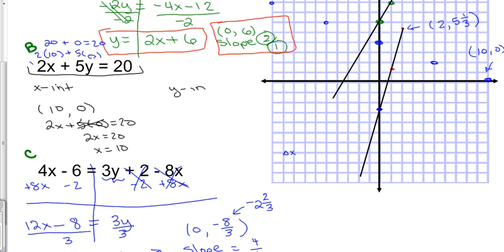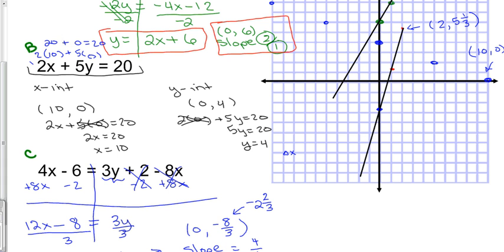My y-intercept, same idea, except this time I want to figure out what is y when x is 0. So I'm going to go to my equation again, put 0 in for x this time and solve to figure out what is y. When I put 0 in for x, that product becomes 0, and it leaves me with just 5y equals 20. And since 5y equals 20, when I divide by 5, I get y equals 4.